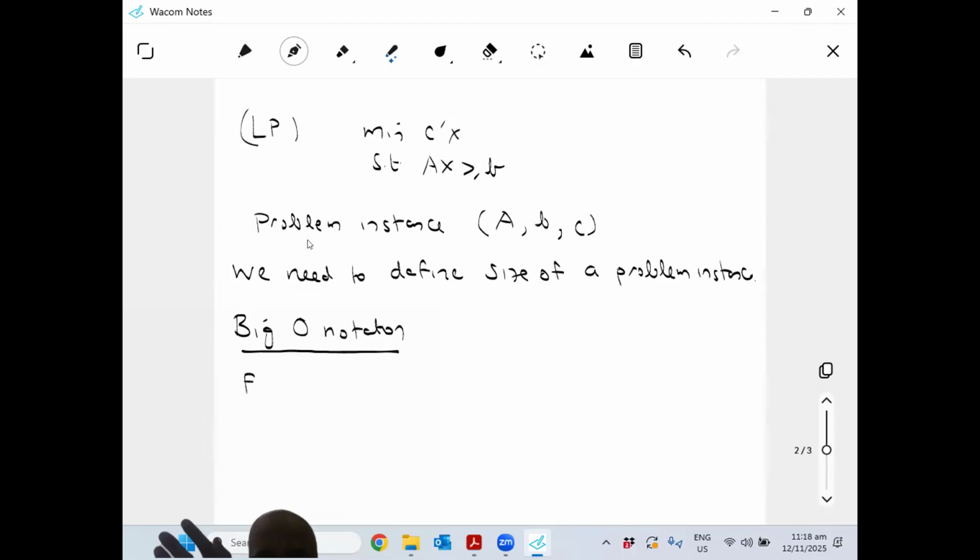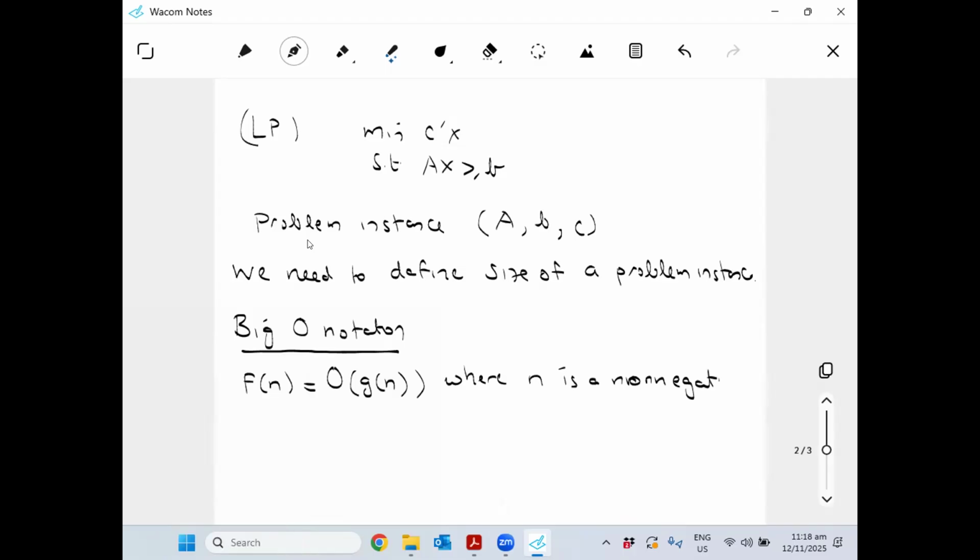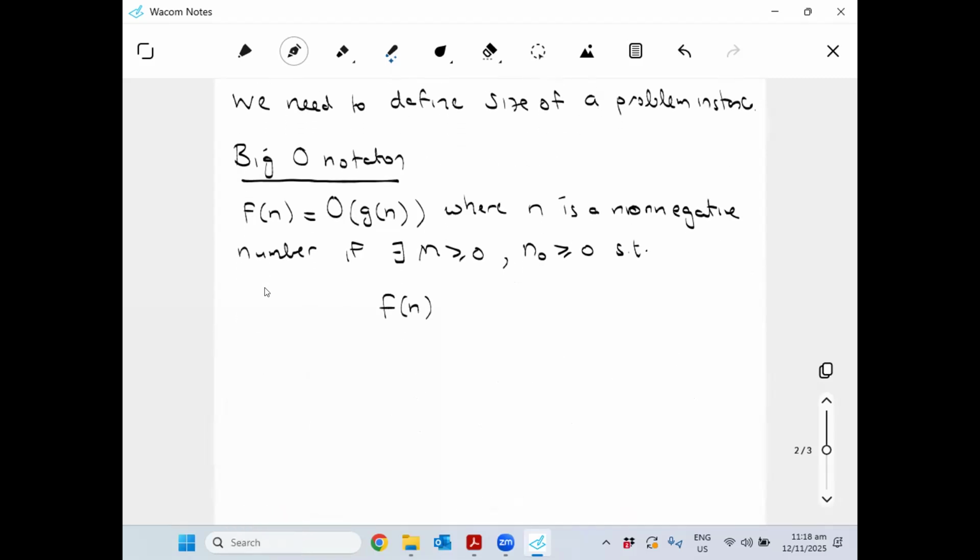Essentially, this is a definition: I say f of n is big O of g of n, where n is a non-negative number, if there exists some positive constant m and some non-negative number n naught such that this function f of n in absolute value is at most m times g of n for all n greater than or equal to n naught.